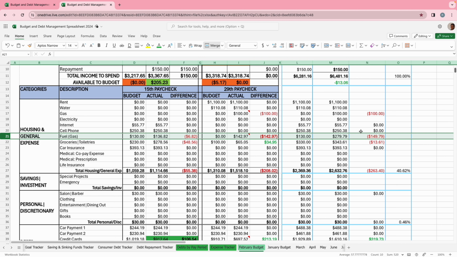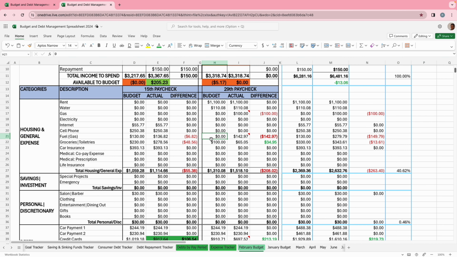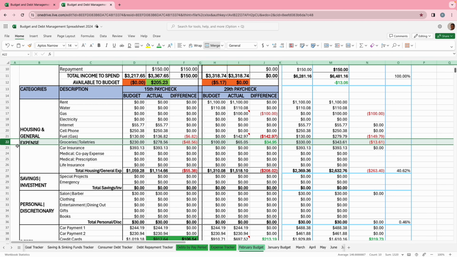Fuel for the cars, I have a difference of $149.79 because for my last period I forgot to budget for fuel for the cars. You can see right here for the February 29th paycheck. Groceries, a difference of $13.61. Car insurance came in on target for $393.13.